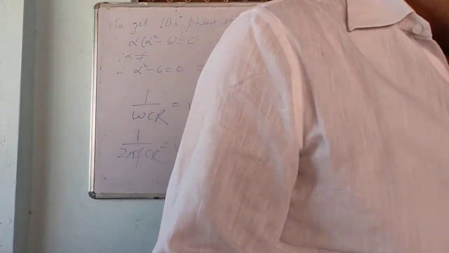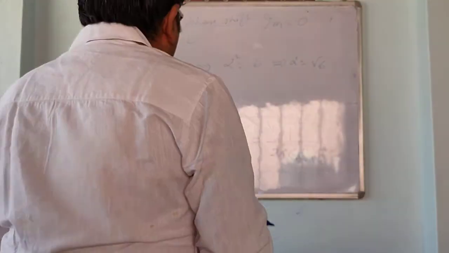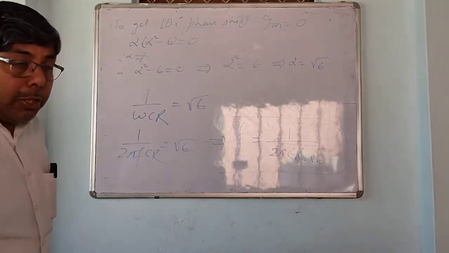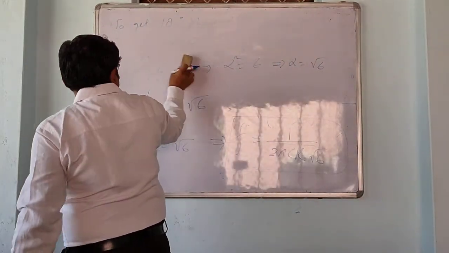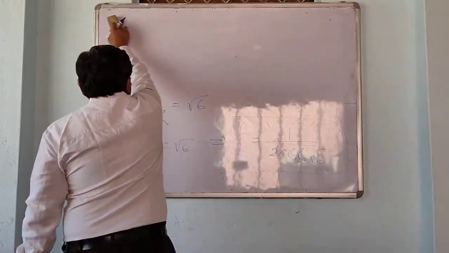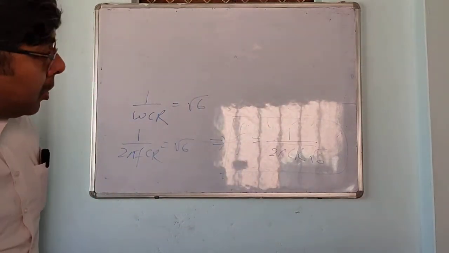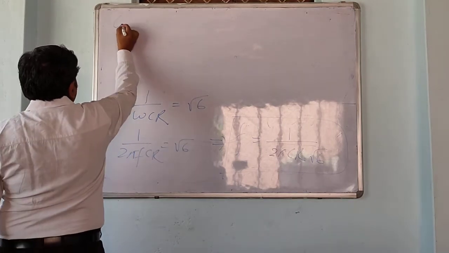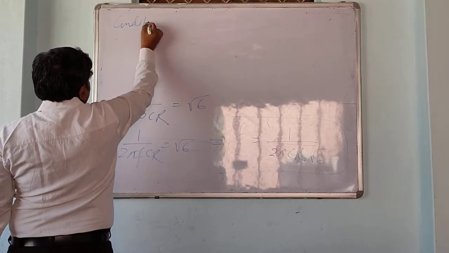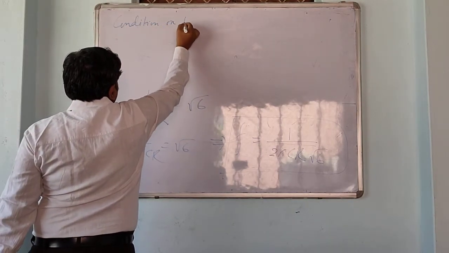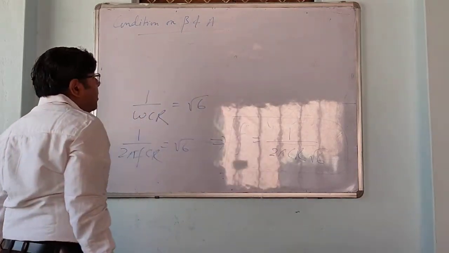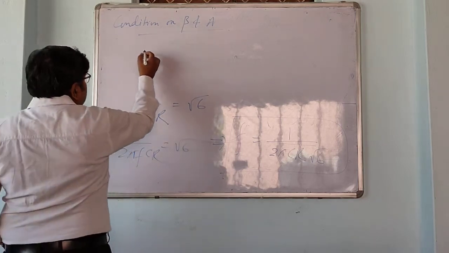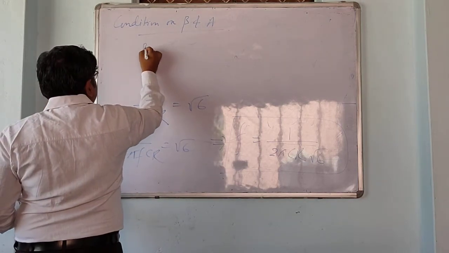What is the condition on beta? Because of the expression of beta. Now the condition on beta and gain A. So what is the expression for beta? Beta is this.